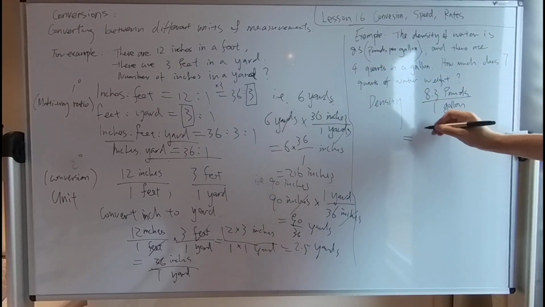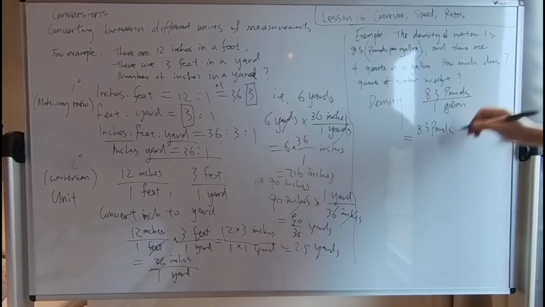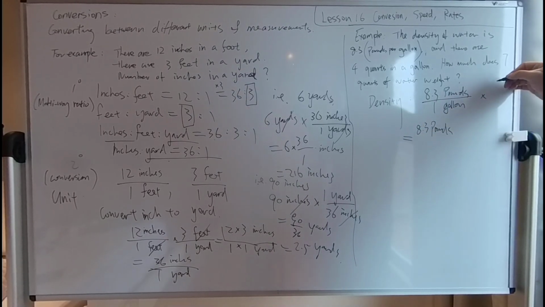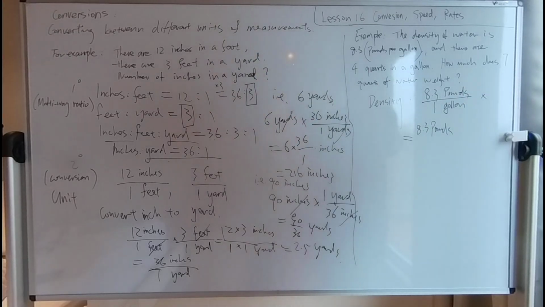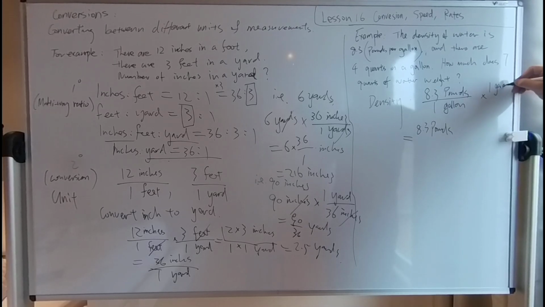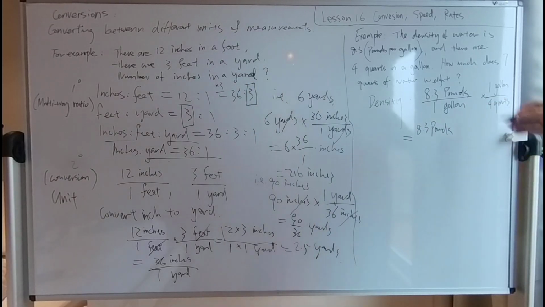So this ratio can be further, maybe let me write this way. 1 gallon is 4 quarts, right? So then gallon will be cancelled out.